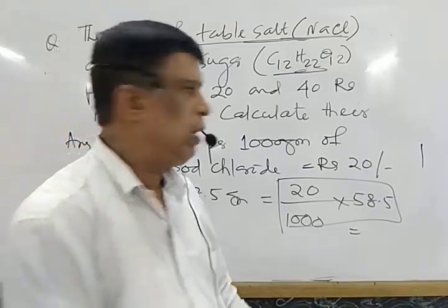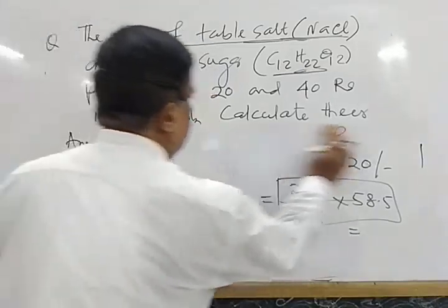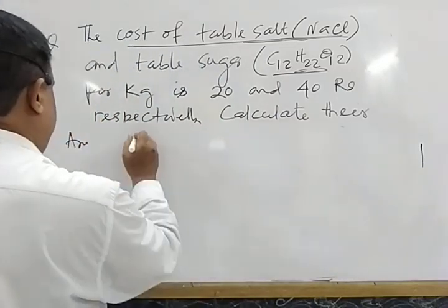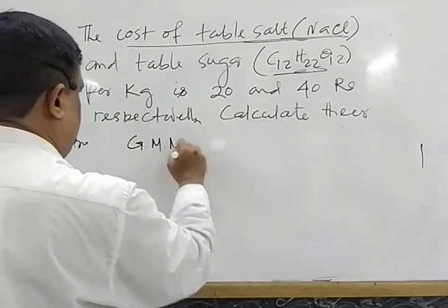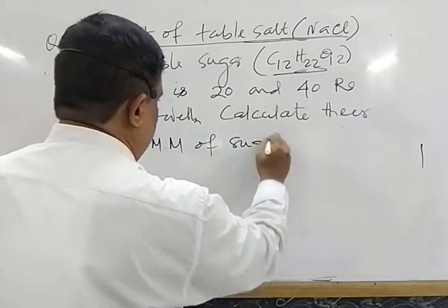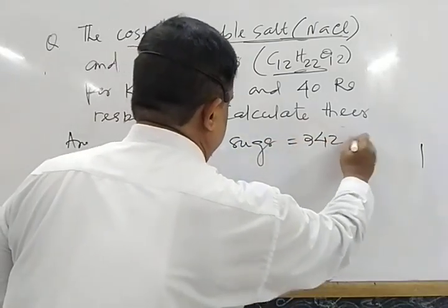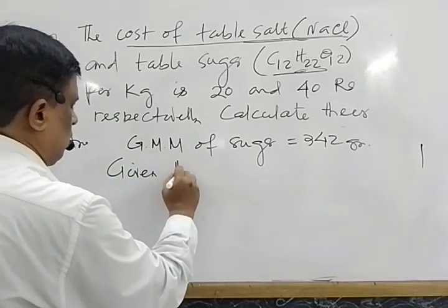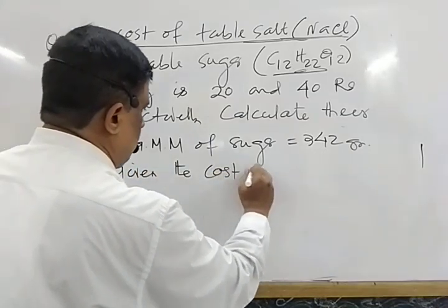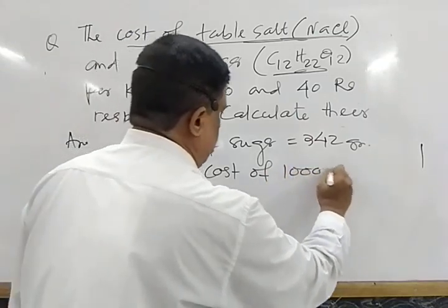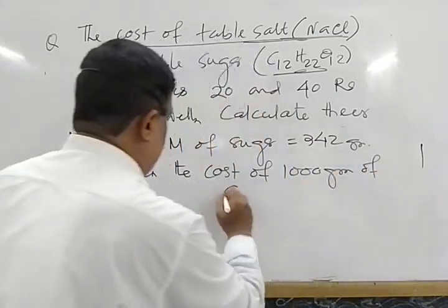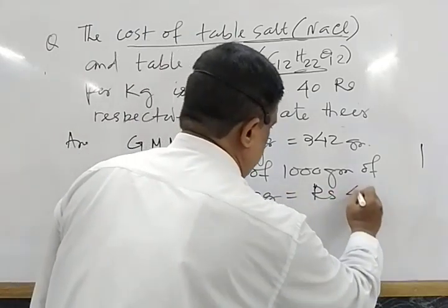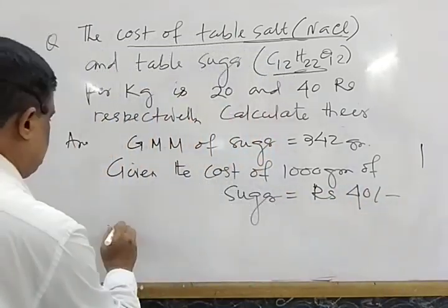Similarly for the sugar, the molecular mass of sugar, that is GMM of sugar, is equal to 342 gram. So according to the question given, the cost of 1000 gram of sugar is equal to Rs 40.